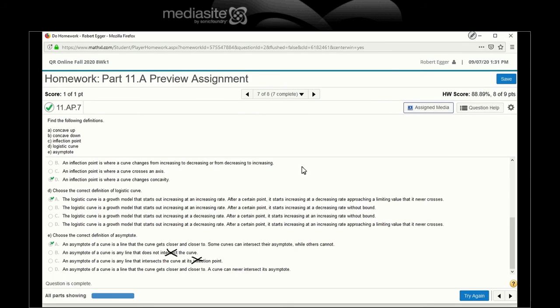Okay, we have to think on this one a second. An asymptote of a curve is a line that the curve gets closer and closer to. Some curves can intersect their asymptotes while others cannot.